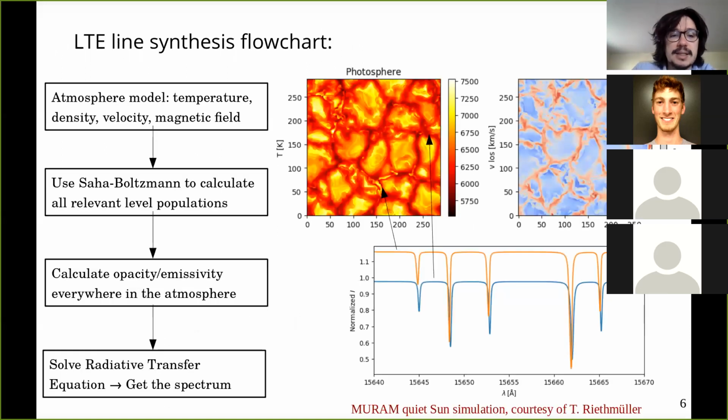And all this process and basically everything that we did is illustrated here. So this is a flow chart of how the line synthesis should look. This is something that I was showing you before, but I think now you can fully appreciate this, right? If we start from the atmospheric model, which means we basically have a table with quantities of temperatures, densities, velocities, magnetic fields, we can use some laws of statistical physics, such as the Saha equation and Boltzmann equation, to calculate the level populations of all the relevant things that we need.